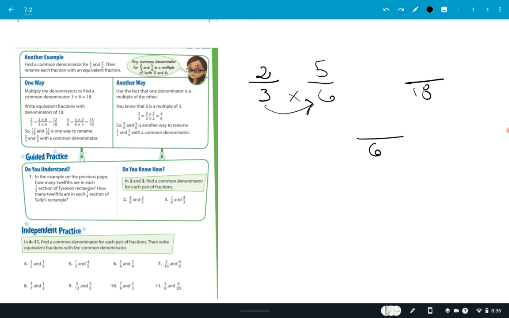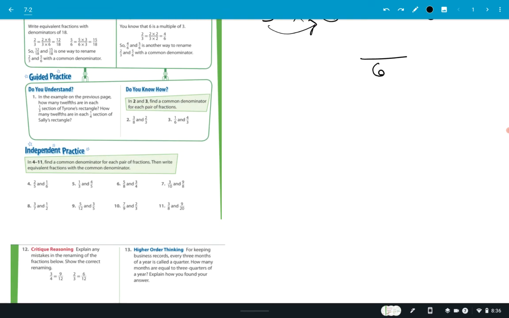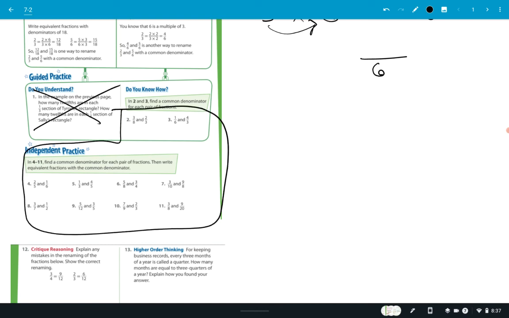Let's see here. Cross out number 1 there. I just want you guys, what time is it here? I just want you guys to do two through 11.